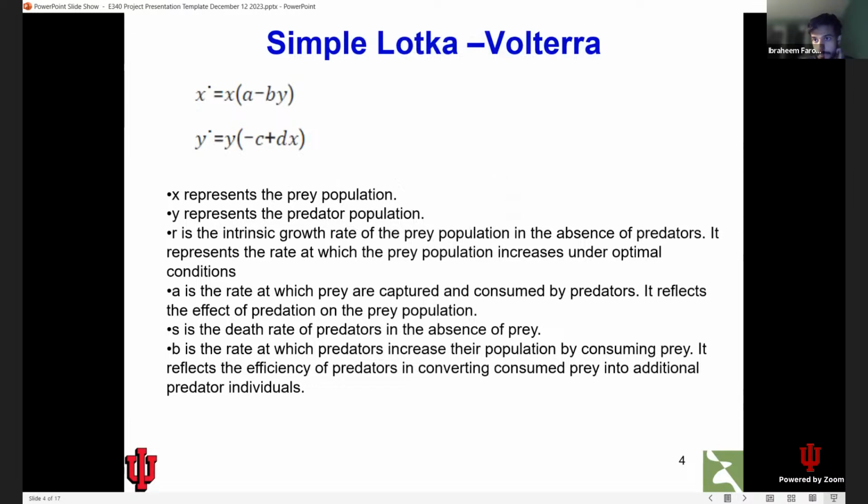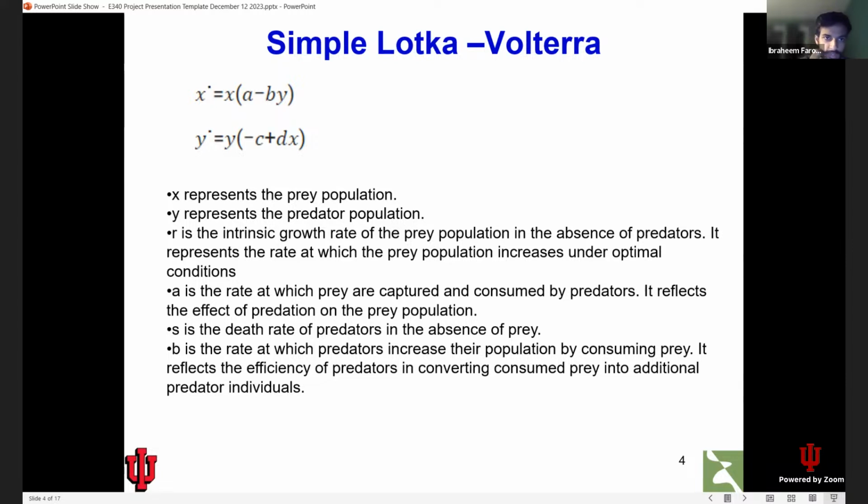A long time ago, I want to say the early 1900s, Lotka-Volterra designed the simplest mathematical network model for predator-prey interactions.